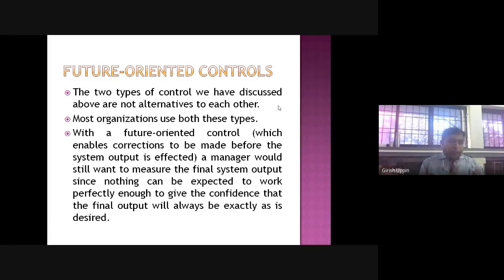But in the case of future oriented, it is just the assumption that if it meets the standards at this stage, the end product will be as per the standard set. But to ensure that, even though you have intermediate checks which will identify the problem at an earlier stage, you still want to have the post oriented. Once the product is complete, you must check whether it is according to the standards.